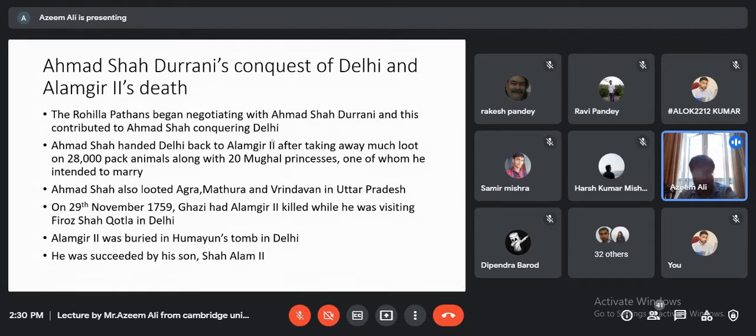Ahmad Shah Durrani also looted Agra, Mathura, and Vrindavan in Uttar Pradesh. On 29th November 1759, after all this happened, Ghazi al-Din had Alamgir II killed while he was visiting the Firozshah Kotla fort in Delhi. Alamgir II was buried in Humayun's tomb in Delhi, and his tomb can still be seen there. He was succeeded by his son, Shah Alam II.